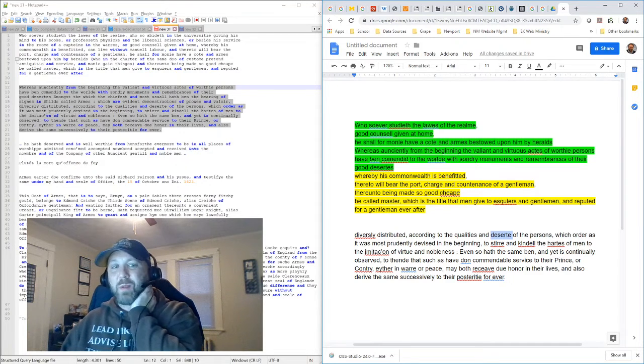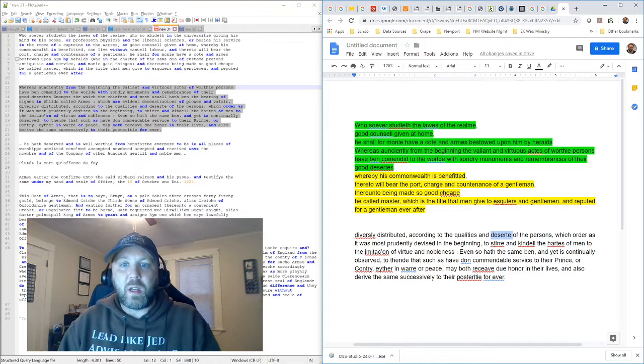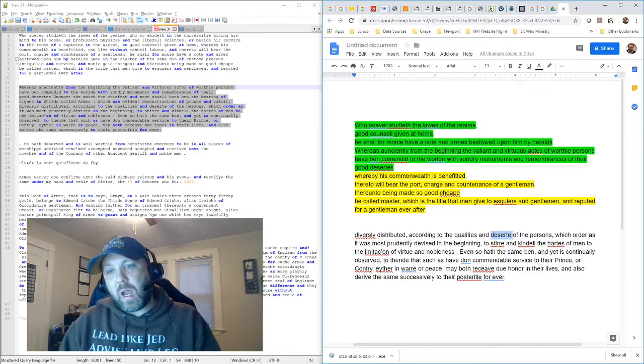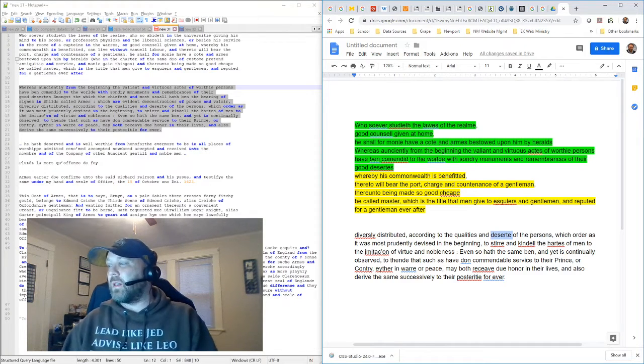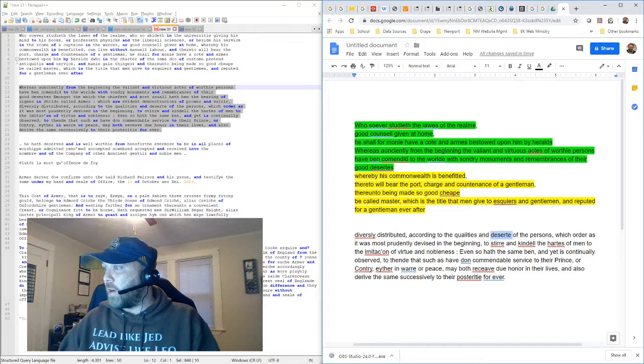I'm guessing it's probably like deserving the qualities and deservedness of the persons, but that's even a strange word to use. This might be a word that we have to go back to the original scroll and see if we can figure out exactly what they're talking about.